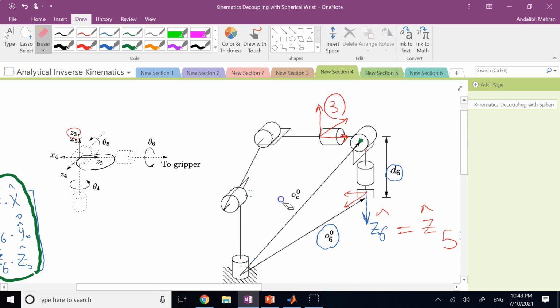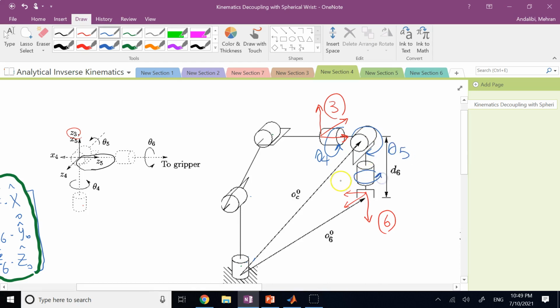Do a little bit of cleanup here so that you guys can see a lot better. So that's frame 3. This is frame 6. The orientation of 6 with respect to 3 comes from what angles? Well, clearly it only comes from angle theta 4, angle theta 5, and angle theta 6, correct?